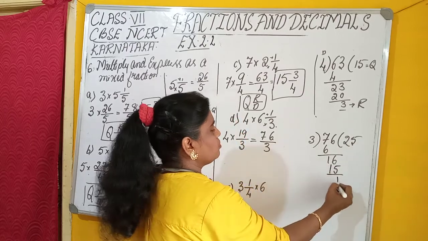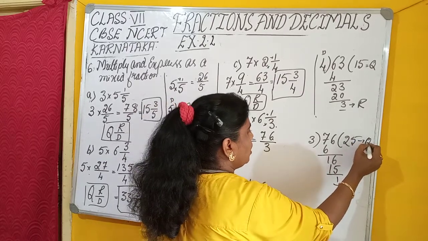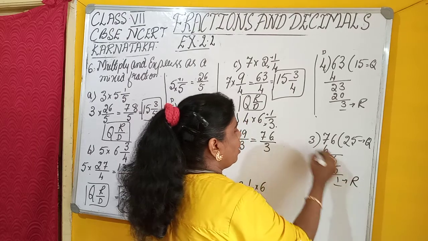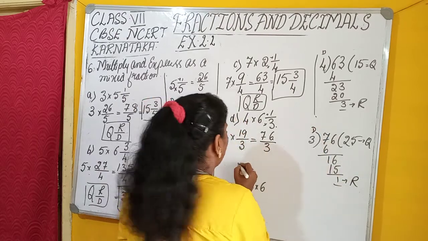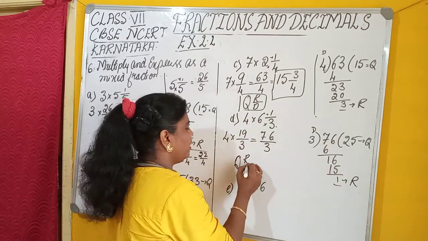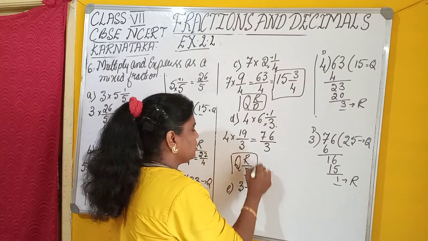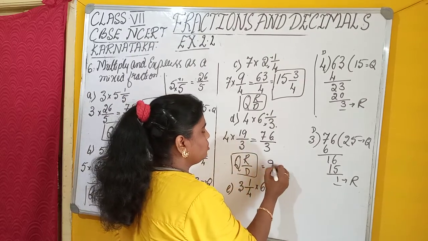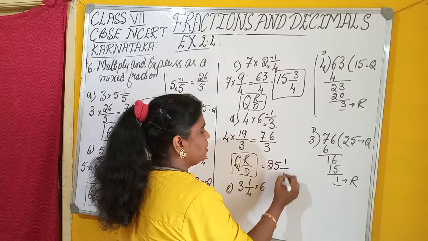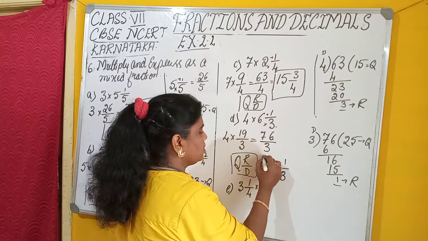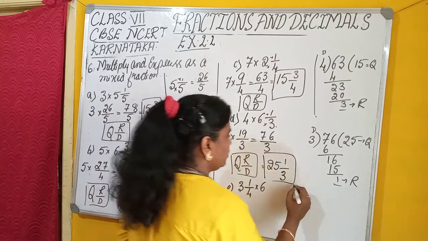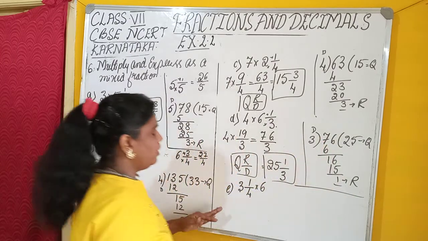The remainder is 1. This is Q, this is R and this is D. We have to write it in the Q R by D form. That is nothing but Q is equal to 25, remainder is 1, divisor is 3. Okay students, are you following?